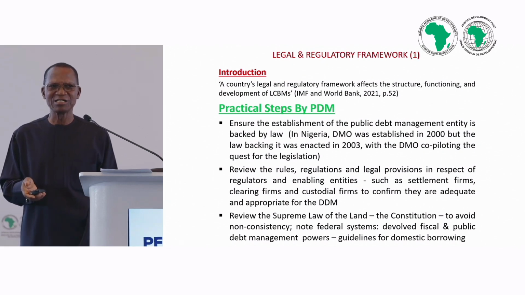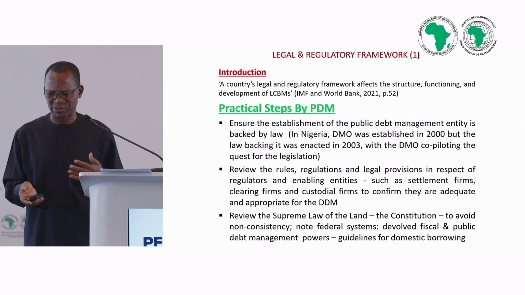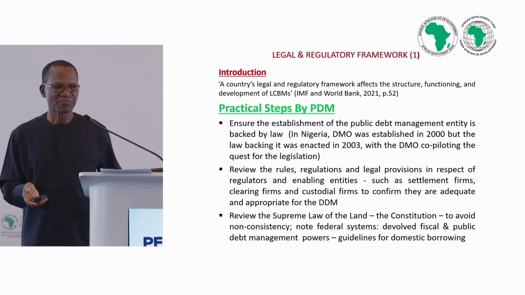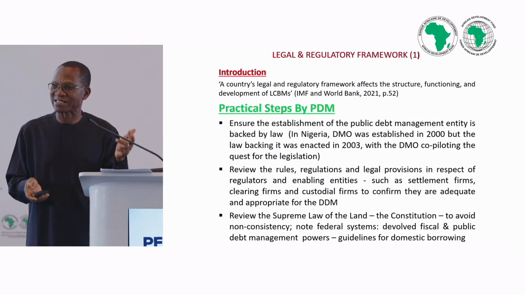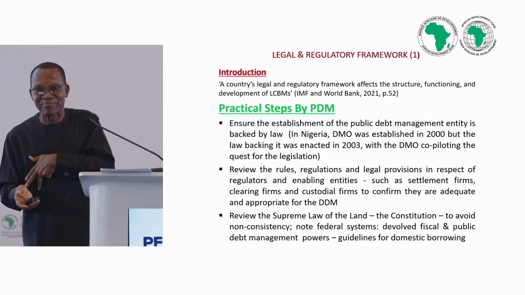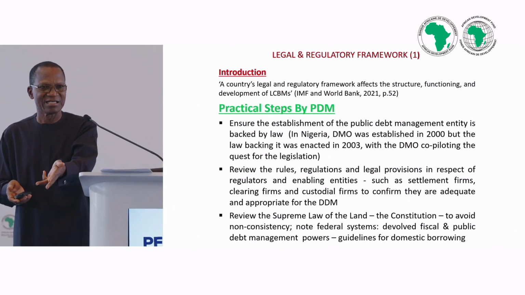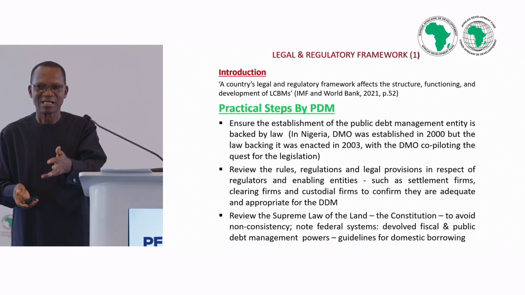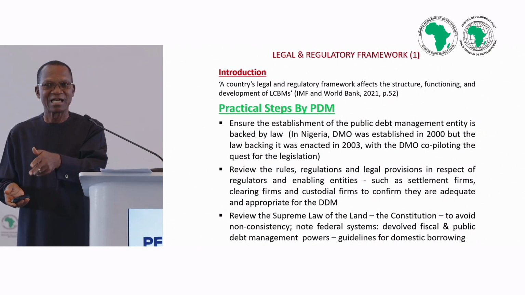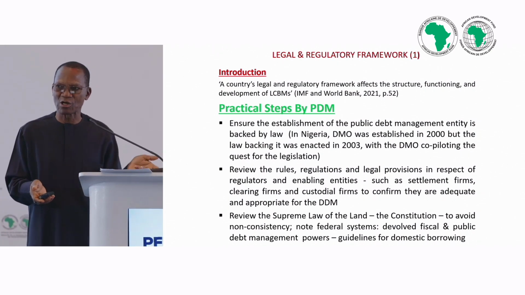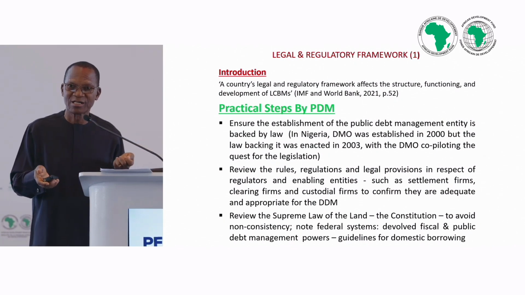Now, the DMO has to go ahead to review all the rules and regulations which the regulators, including the central bank, which regulates the banks, which are the big actors in the domestic debt market, the insurance commission, which regulates the insurance companies, the pension commission, which regulates the pension funds, and the Securities and Exchange Commission.